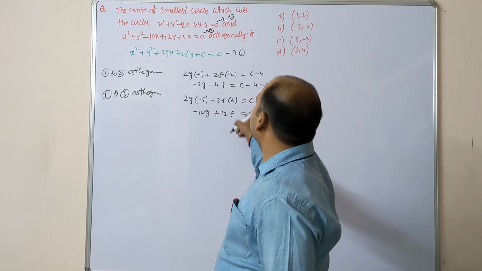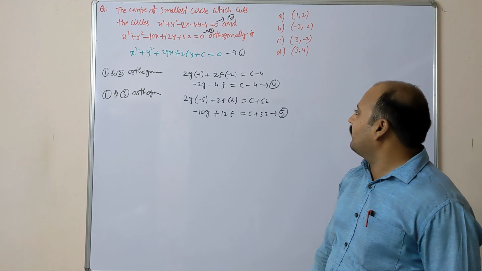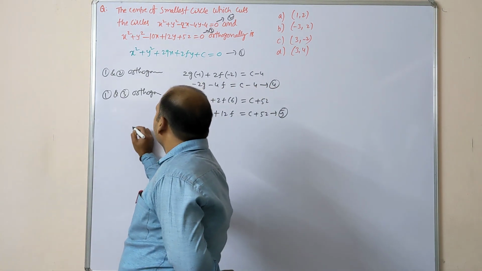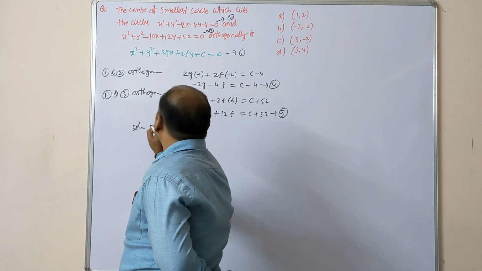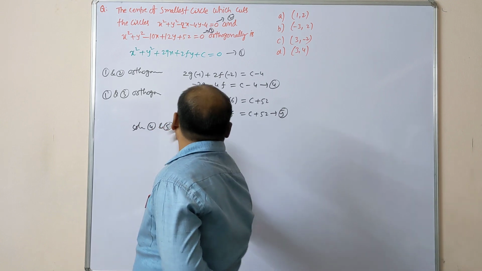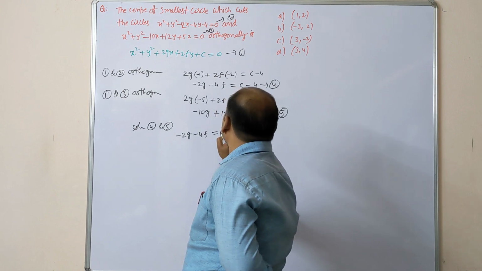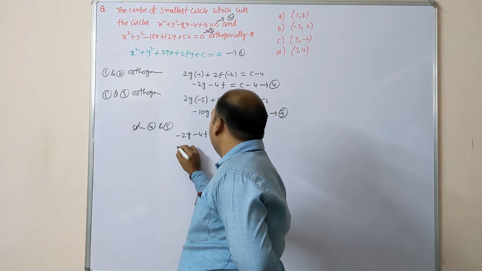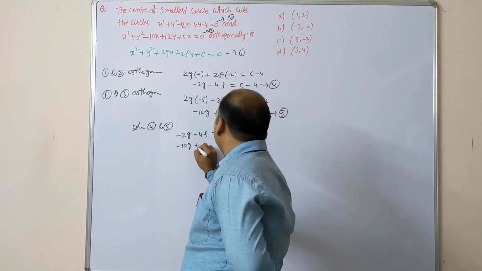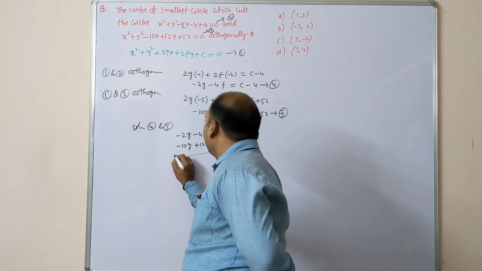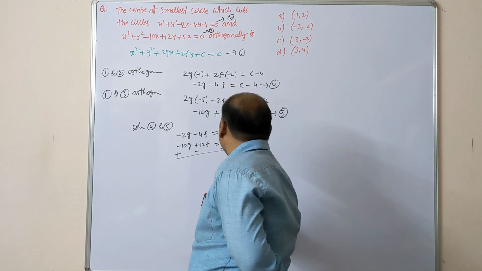So eliminating these two values, first c is going to be eliminated, solving 4 and 5. So minus 2g minus 4f equals c minus 4. Next, minus 10g plus 12f equals c plus 52. Here plus, here minus, here minus, here minus.